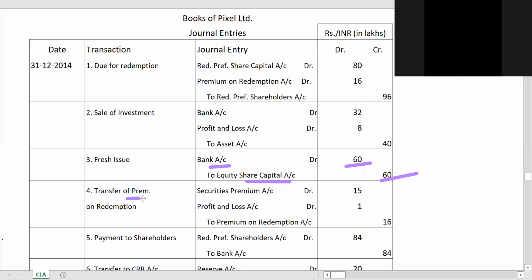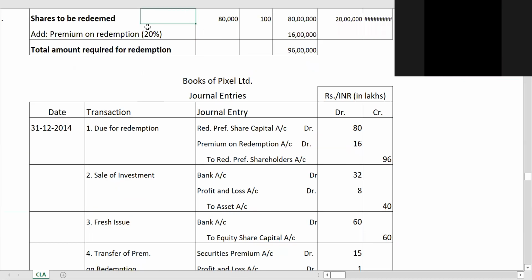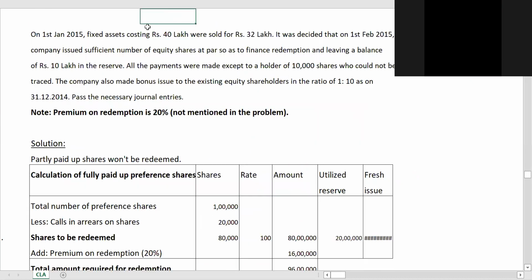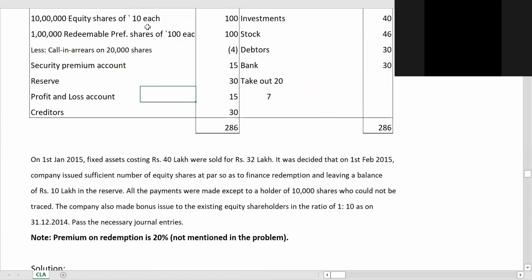Then transfer of premium on redemption. Now, how much is the premium on redemption? 16 lakhs. And we had a premium of 15 lakhs. You remember? See here, securities premium account is 15 lakhs and we need 16 lakhs now, right?